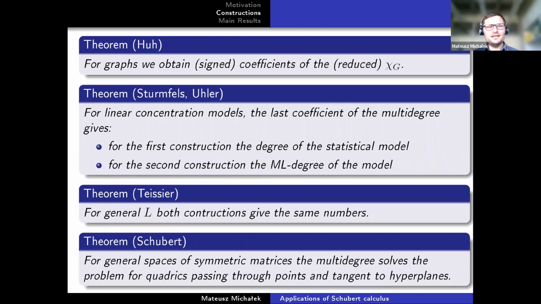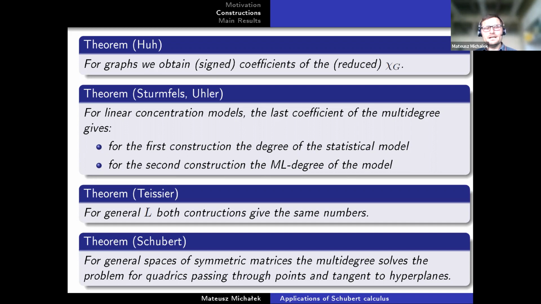You can say that June Huh, who just got the Fields Medal 2 months ago, had one of his main results that this multi-degree I just described gives the so-called signed coefficients of the reduced chromatic polynomial.